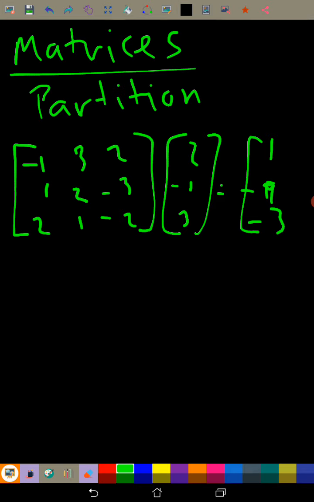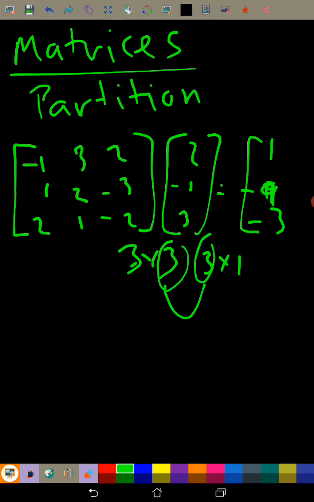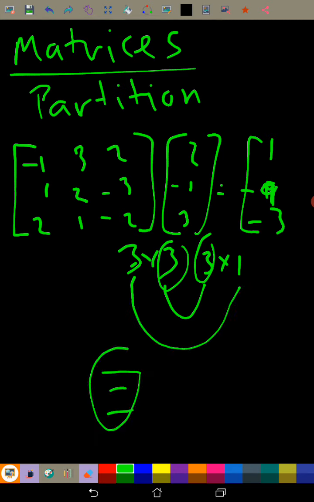So I computed this very quickly. What we did is, this is a 3 times 3, very important, and this is a 3 times 1. We can multiply, yes. And what we will have is 3 times 1.